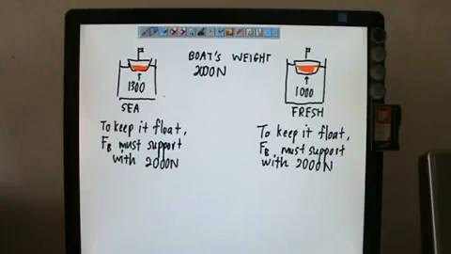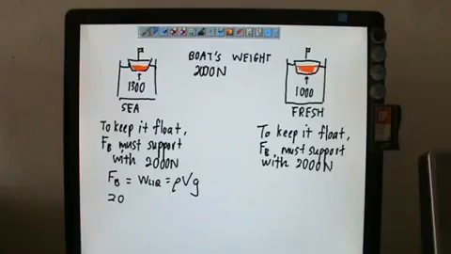If the upthrust or buoyant force is not 2000, the boat will continue to sink further. If the buoyant force is more than the ship itself, I guess the ship will actually jump out of the water. So to keep it floating, the FB must support with 2000. So FB is the weight of the liquid being displaced, rho Vg.